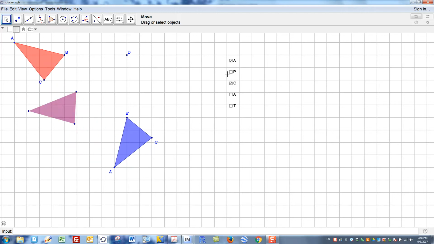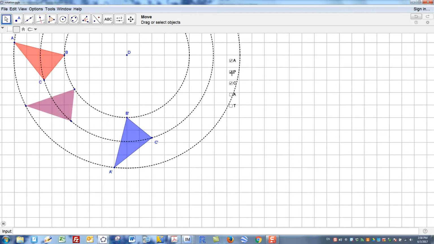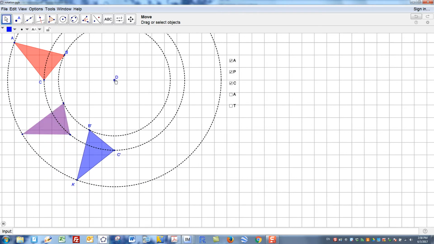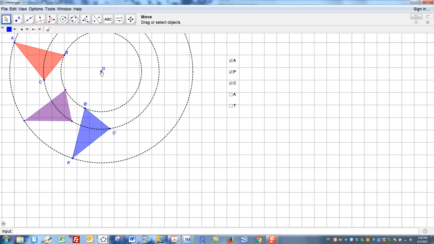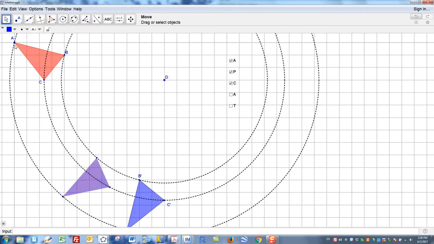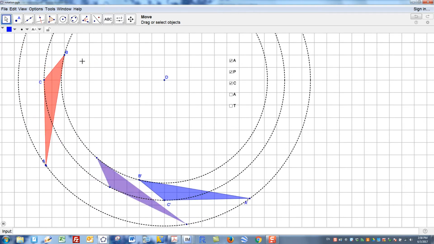And hopefully what I get back is the paths, which is what P is. Paths are concentric circles centered at the center of dilation. Of course, I can change the center of dilation to be wherever I want it to be because it's a dynamic sketch. I can also change the shape of the triangle.